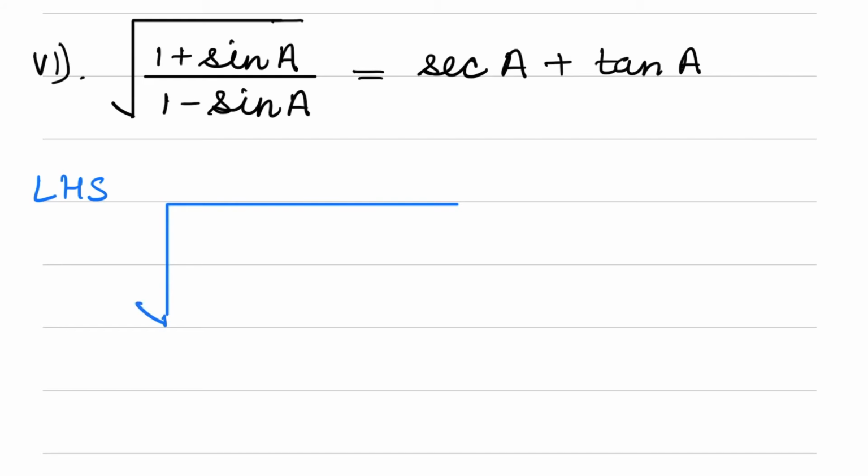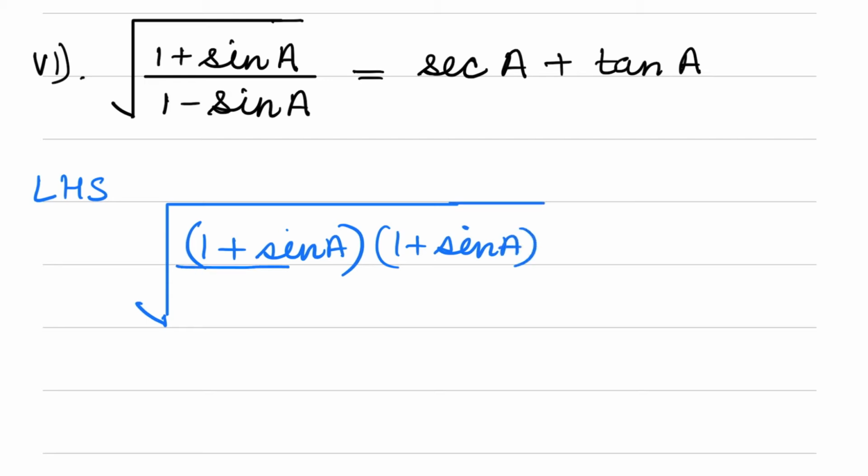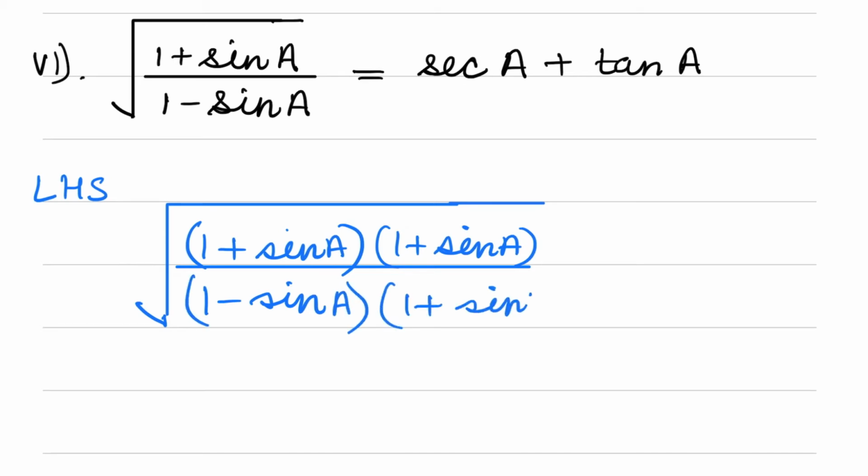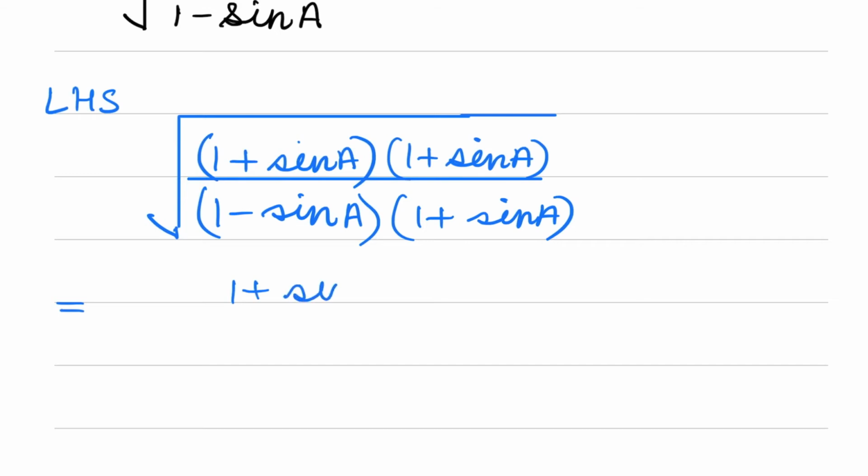Let's divide both the numerator and denominator by 1 plus sin A. So numerator will become 1 plus sin A into 1 plus sin A, and in the denominator we have 1 minus sin A into 1 plus sin A. 1 plus sin A whole square, and in the denominator we have 1 minus sin square A.